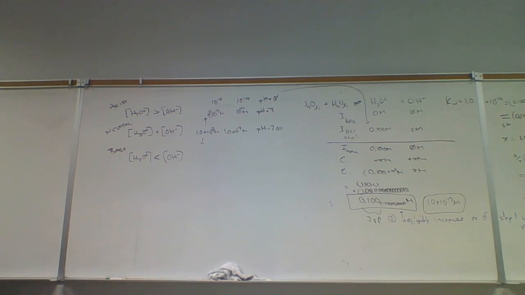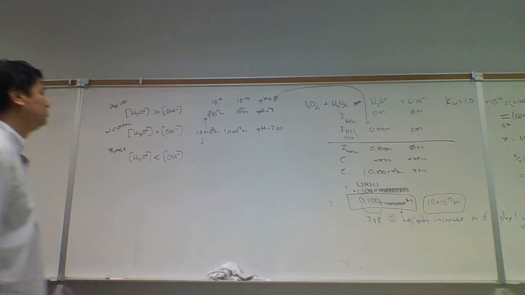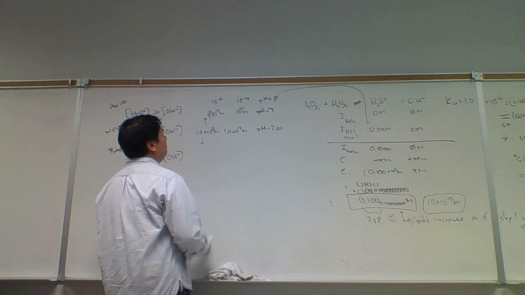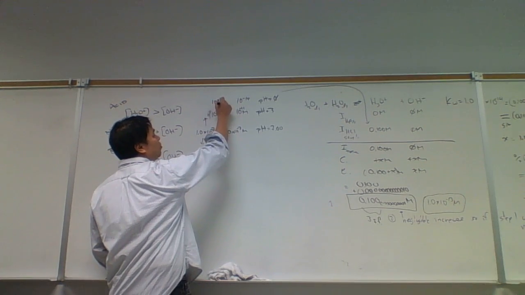Can we go negative? Is that possible to have negative pHs, or is 0 the bottom of the pH scale? Are negative pHs possible? This is 10 to the minus 0, which is 1 molar.